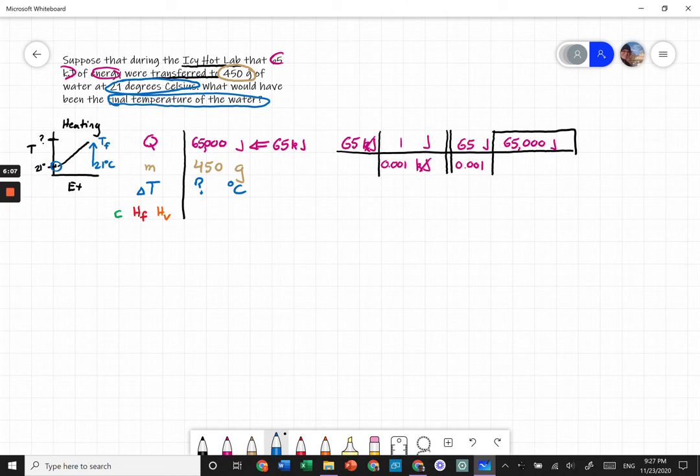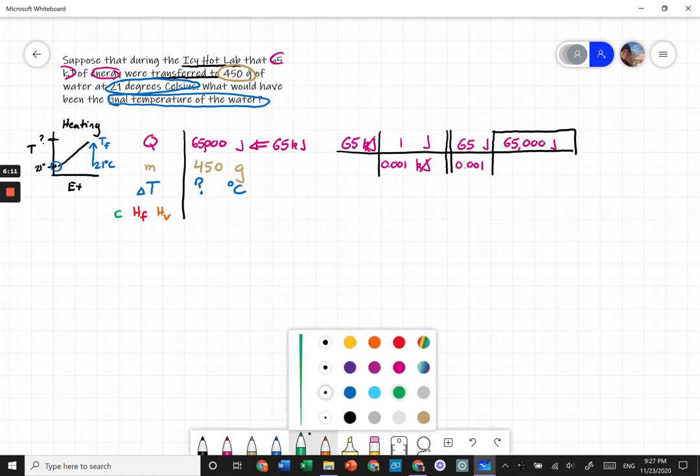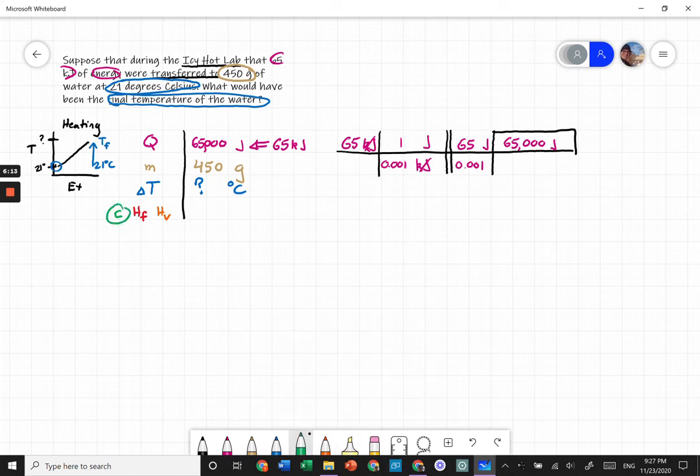Because we have a temperature change, and this is going to be water, we can actually use our heat capacity for water, C. Which for this one is going to be 4.18 joules of energy are required to change 1 gram of water by 1 degree Celsius.